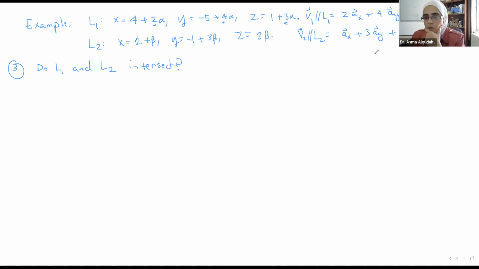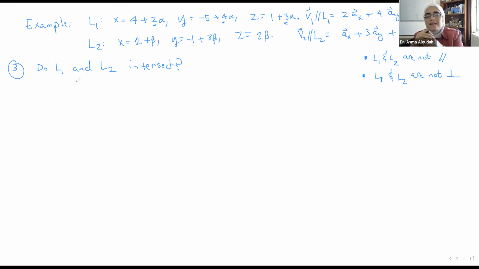So we found that L1 and L2 are not parallel, and we found that L1 and L2 are not orthogonal. And now we want to find if they intersect or not.